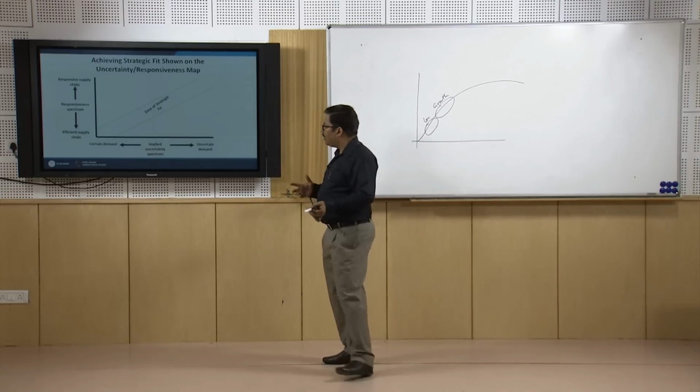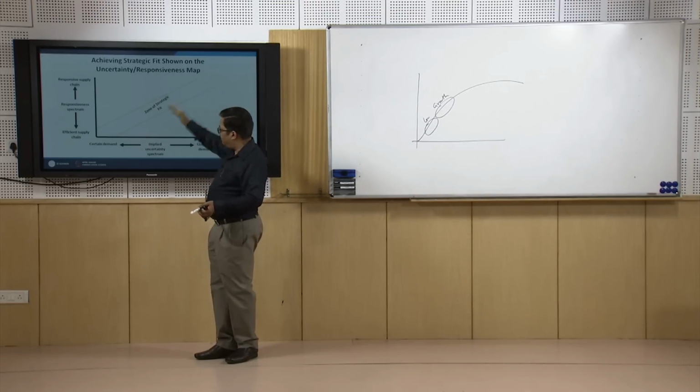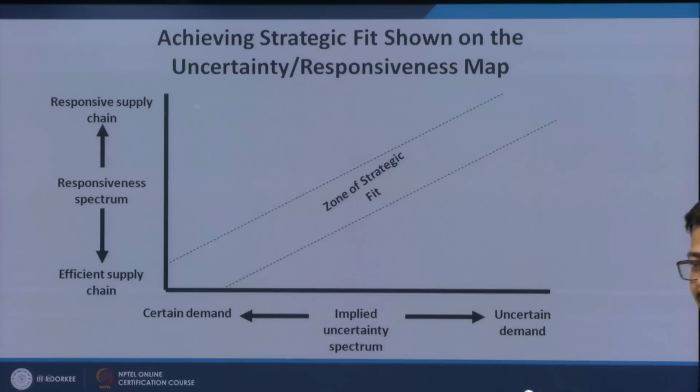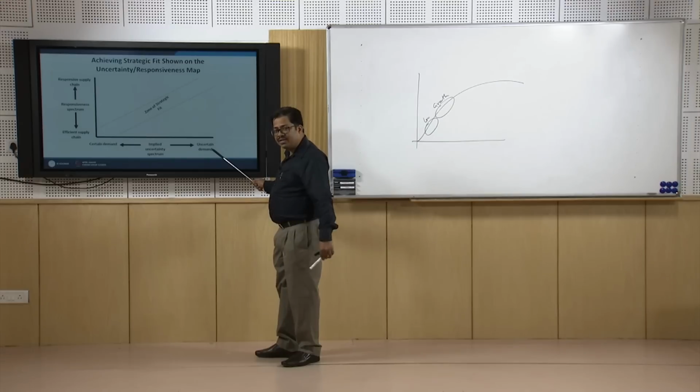So therefore, what I am trying to say is the role of this zone of strategic fit is that over a period of time, the direction of movement, because whenever a new product is coming into the market, it is at this stage of uncertain.